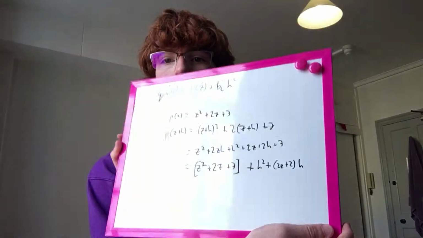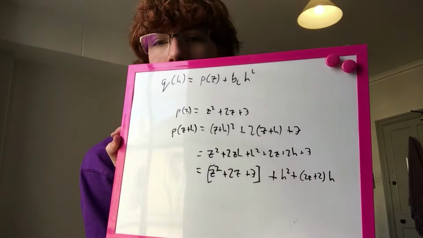Well then p of z plus h is equal to (z plus h) squared plus 2(z plus h) plus 3, which is equal to z squared plus 2zh plus h squared plus 2z plus 2h plus 3, which is equal to z squared plus 2z plus 3 in big brackets plus h squared plus 2z plus 2h. So if you want to, you can pause the video and figure out that that's true.